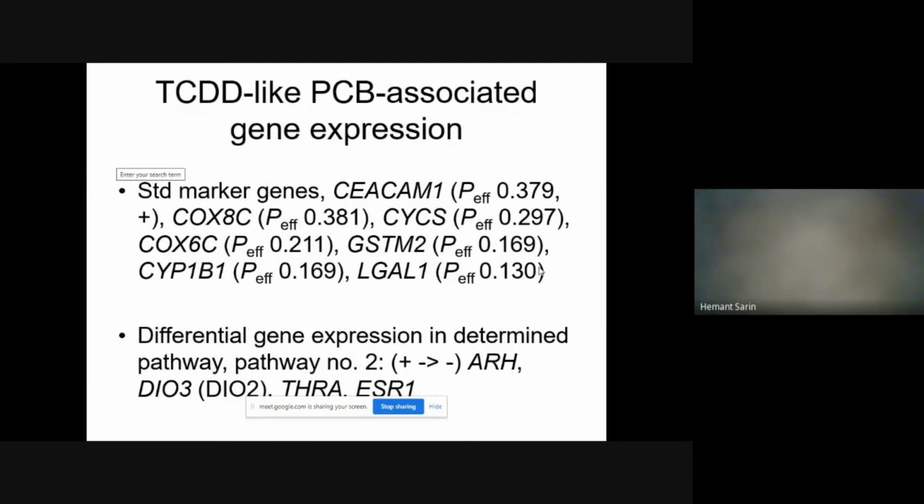So the second compliance pathway is the TCDD-like PCB-associated gene expression pathway, identified based on similar PCBs that are less toxic in terms of dioxin toxicity. This is a continuation of the initial pathway in the spectrum.